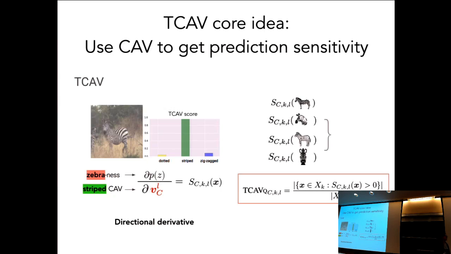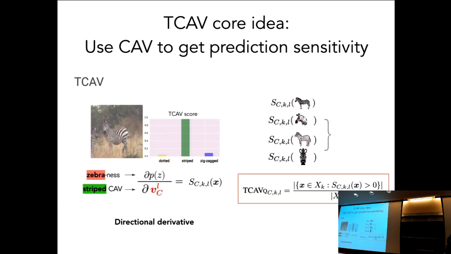My question was about the set of images you estimate the share on. When you estimate this TCAV score, which is just the share of images where your derivative was positive, do you just analyze the training set, or do you apply your network to new zebra pictures?